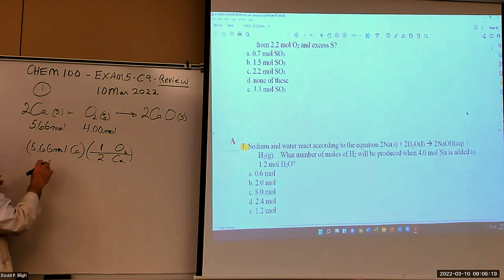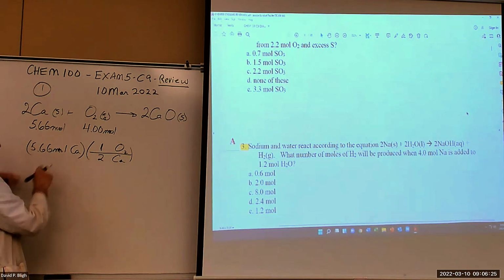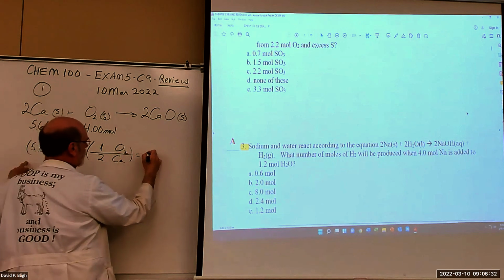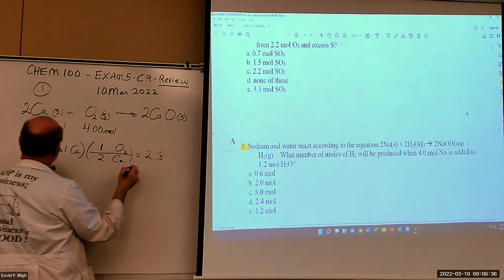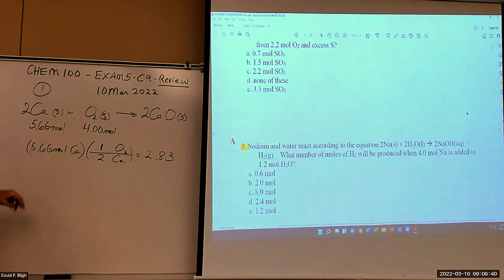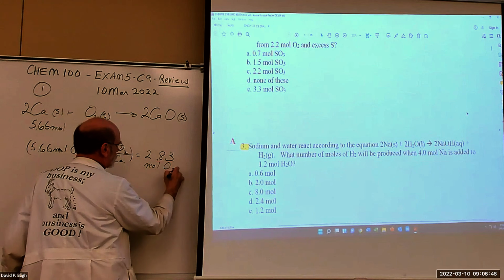Okay, so the number of moles of oxygen that we're going to use is from this calculation. So that would be, see if I can do this in my head. 2 and 5 is 2. 2 and 16 is 8. 6 is 3. So 2 times that should be this number. Yep. So this is how many moles of oxygen were used.